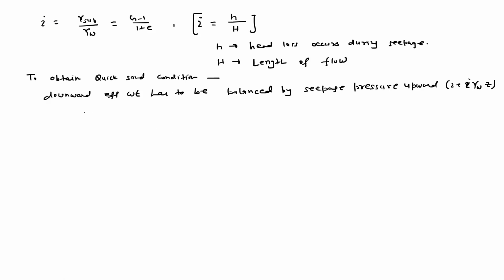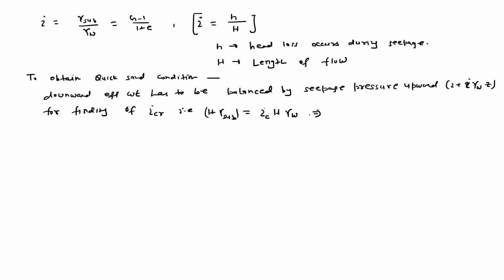Okay, for finding the critical hydraulic gradient ICR, the downward effective weight, that is H gamma submerged, must be balanced by IC H into gamma w.